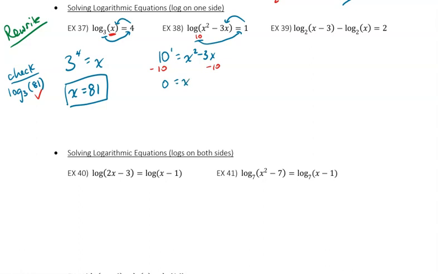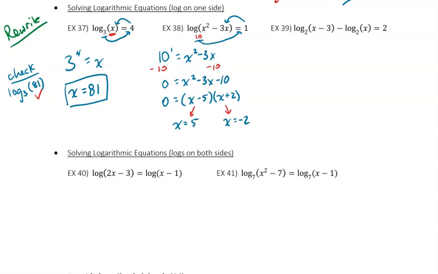So we get 0 equals x squared minus 3x minus 10. Then we can factor it. If we factor this one, it would end up being x minus 5 and x plus 2, which gives us two different possible answers. x equals 5, x equals negative 2.